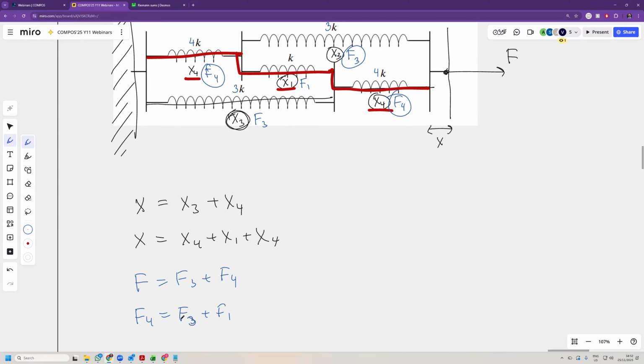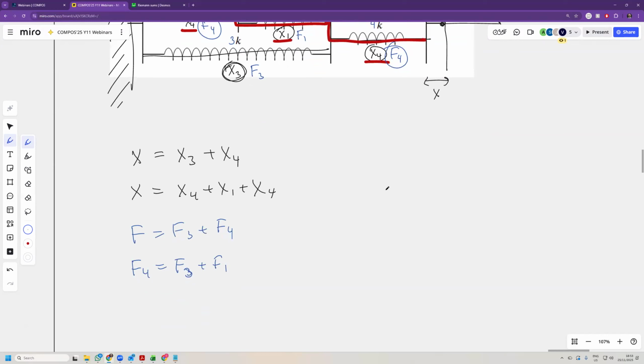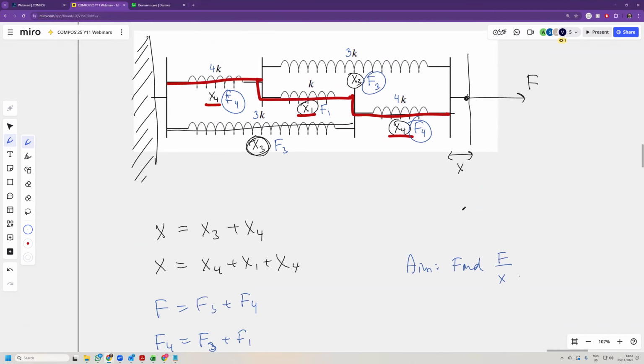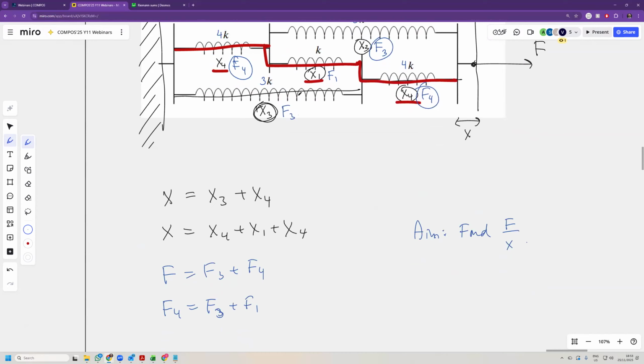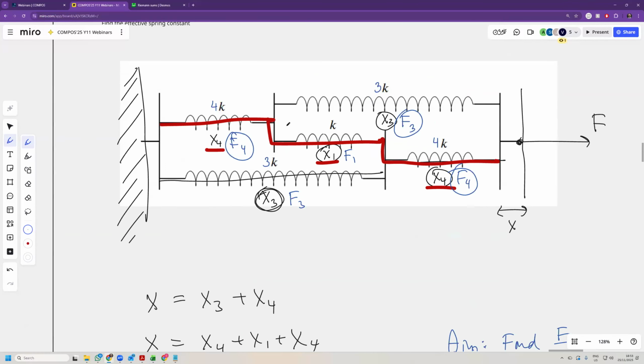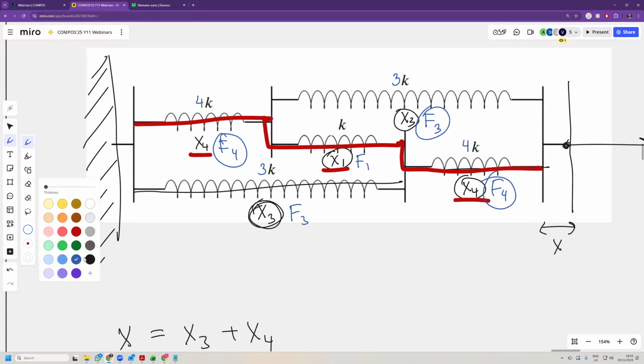Okay. I think we have enough. And let's not lose our aim. Our aim, find F divided by X. F4 is F1 plus F3, because look, this point is in equilibrium.